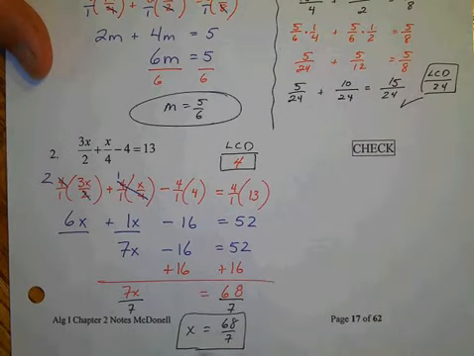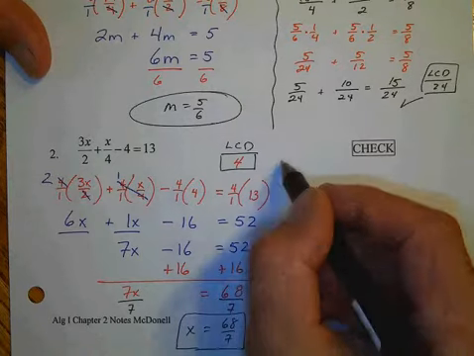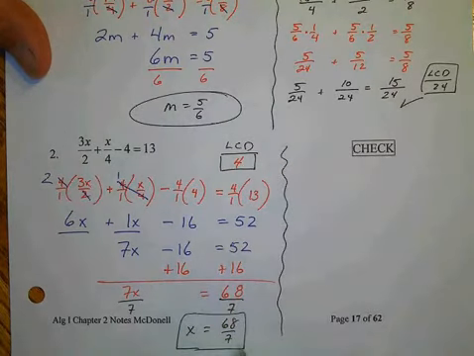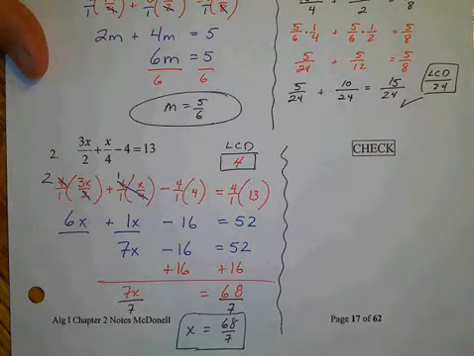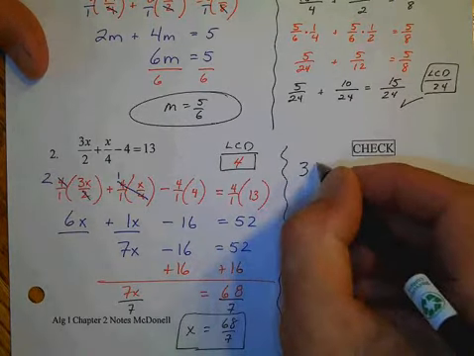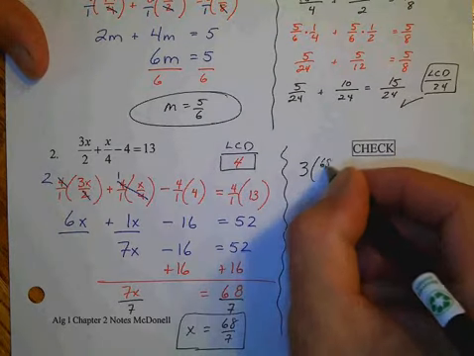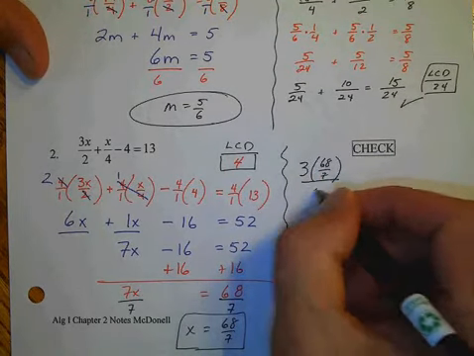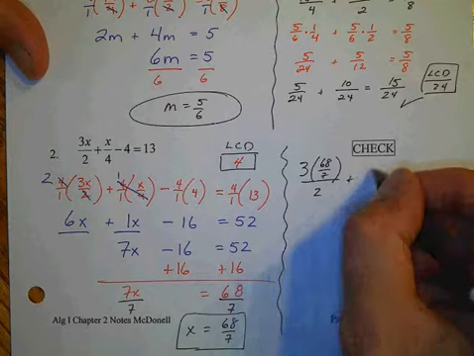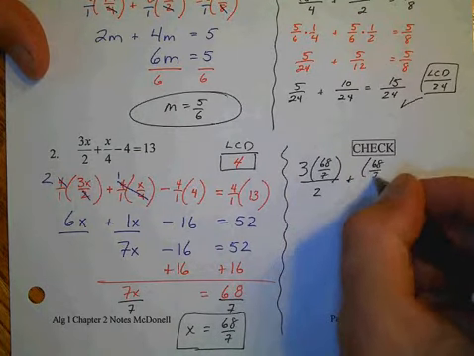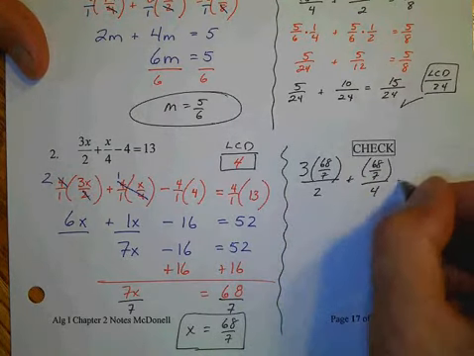Now, in these two examples, our problems have not had nice, neat answers. That's not always going to be the case. Sometimes your answers will work out nice and neatly. Sometimes they won't. Let's go back and plug this back in and check it. 3 times 68 over 7 divided by 2 plus 68 over 7 divided by 4 minus 4 equals 13.